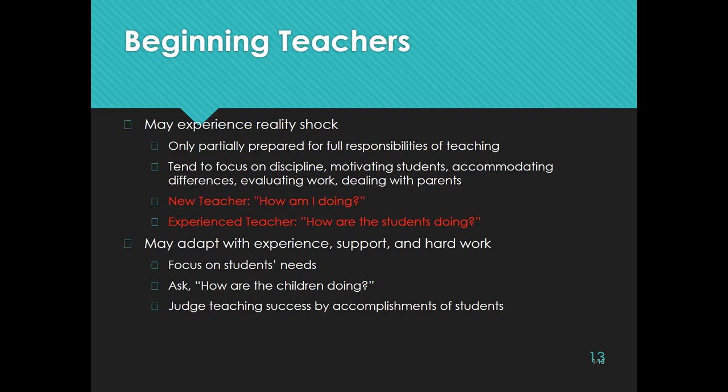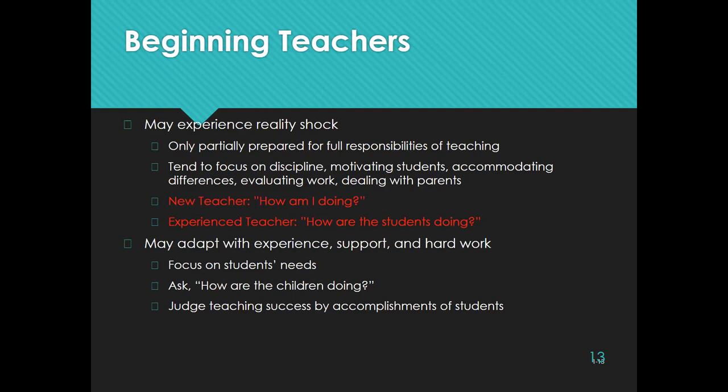Whereas an experienced teacher will reframe that way of thinking to judging their performance by how the students are doing. Are the students enjoying the work? Are they progressing? Are they learning skills to be successful in the next unit or the next grade? Are my dealings with parents helping the students do better? So these are transitions that happen naturally in the career of a teacher.